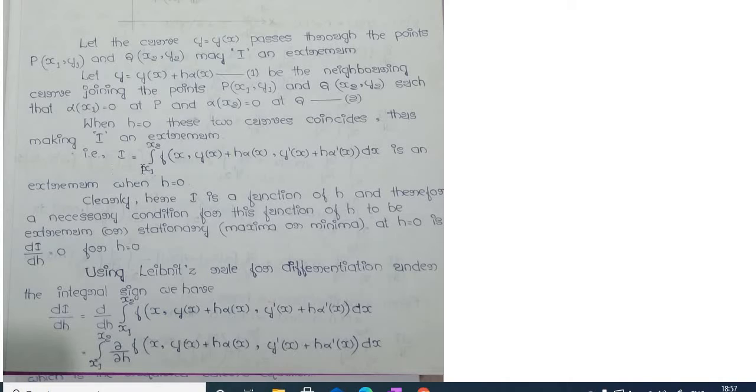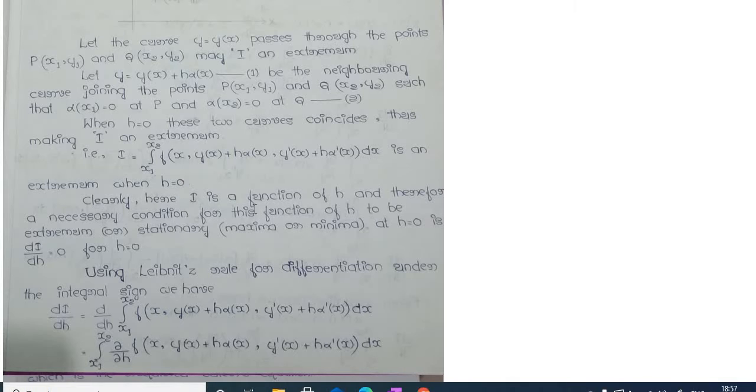So observe, I equal to integration x1 to x2 f of x comma, here we are substituting y value as y of x plus h into alpha of x and y dash value as the differentiation of this y, that is y dash of x plus h into alpha dash of x, dx, is an extremum when h equal to 0.